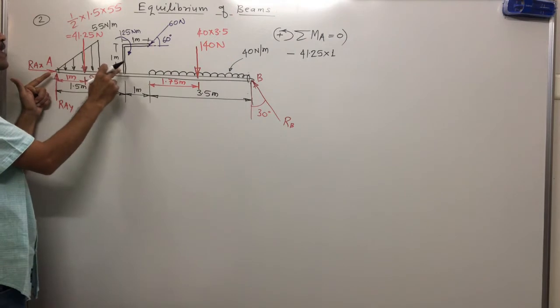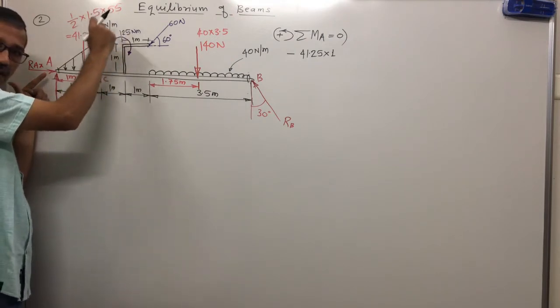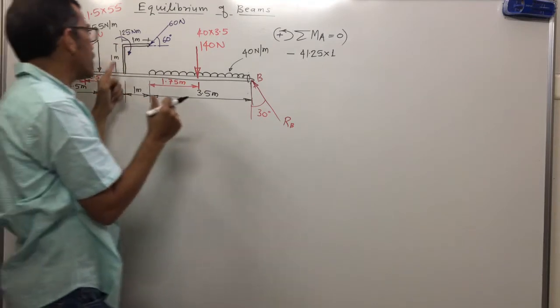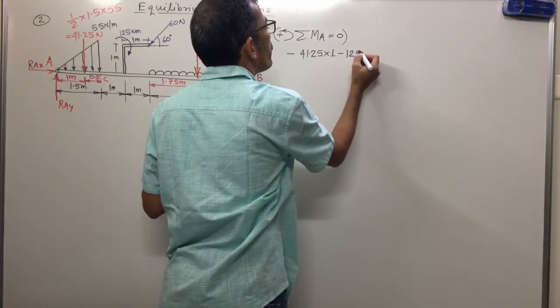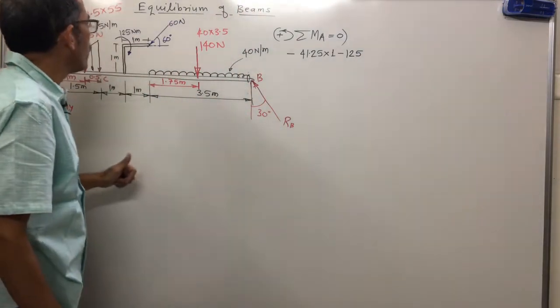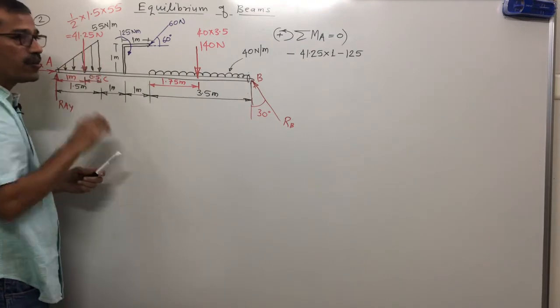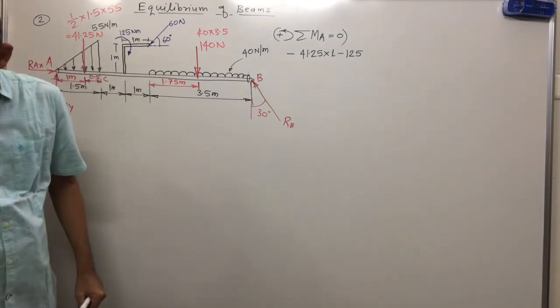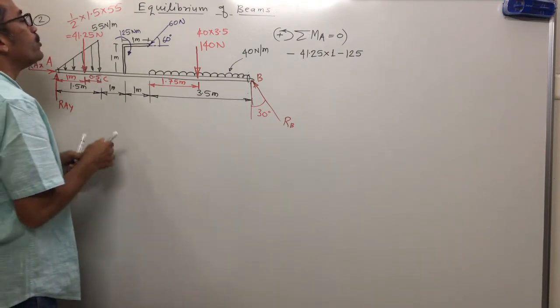Move on the right side. Yes, there is a couple. Couple means as per direction. This is clockwise. Clockwise means minus. Minus how much? Minus 125. Now there is a 60 Newton force. That is an inclined force. For inclined force, perpendicular distance is not available. So what we'll do?